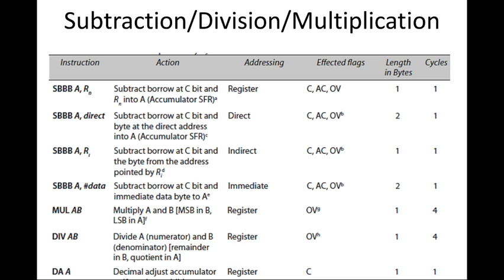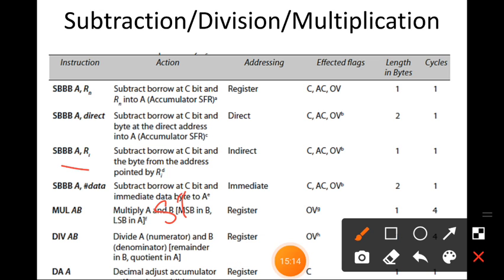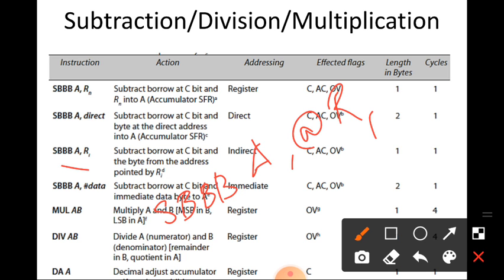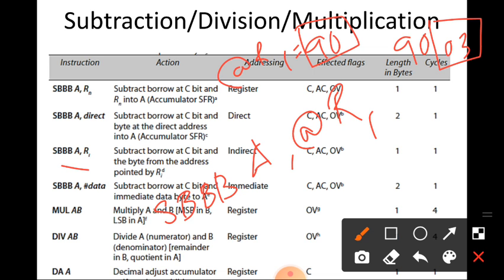this instruction will be written as, for example, SUBB A, @R1. So here R1 contains 90. So this address 90 contains the data 03.